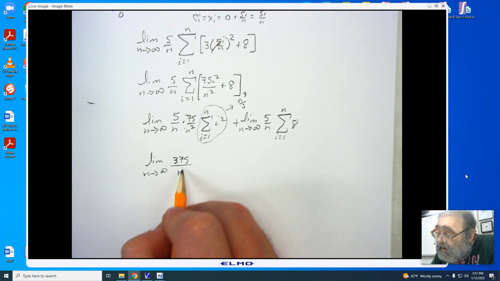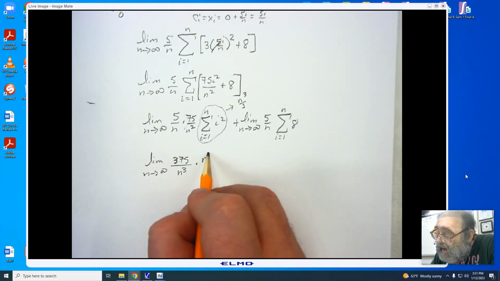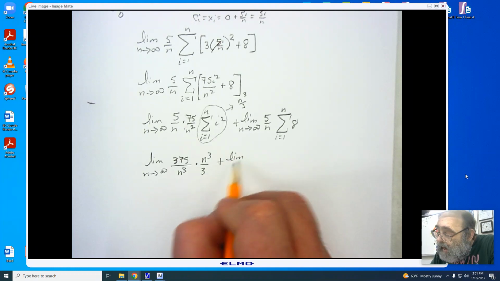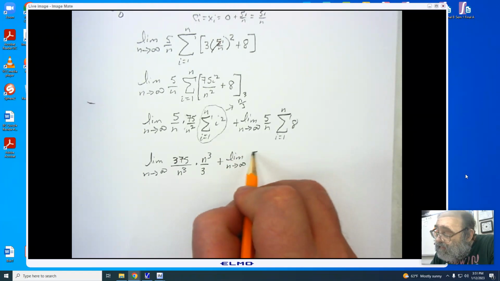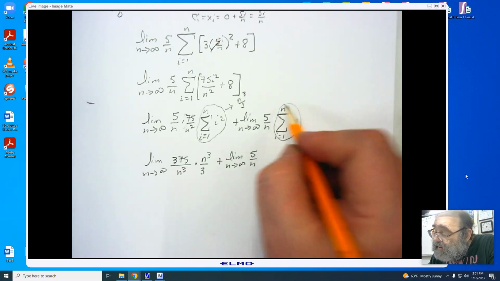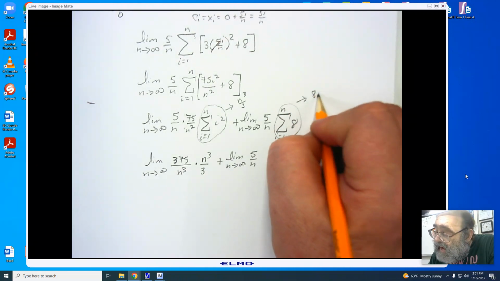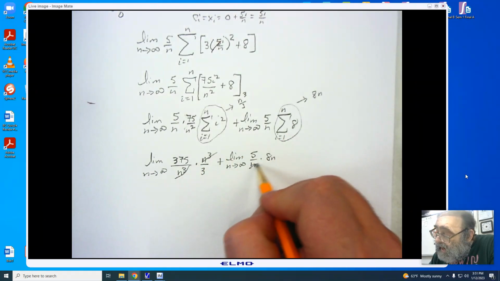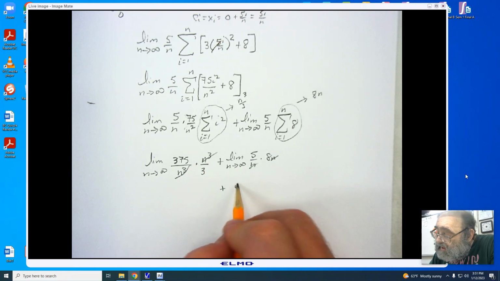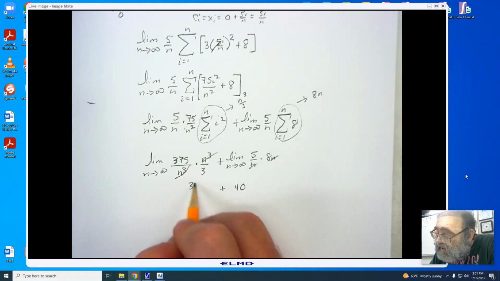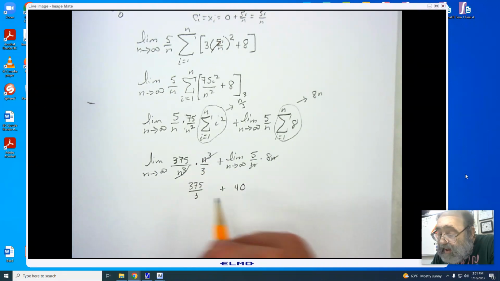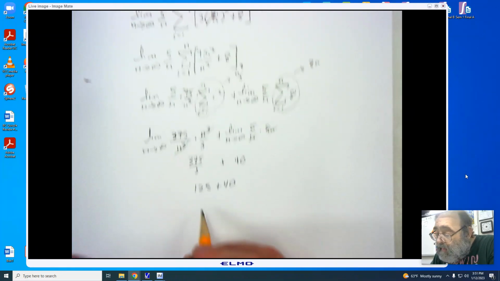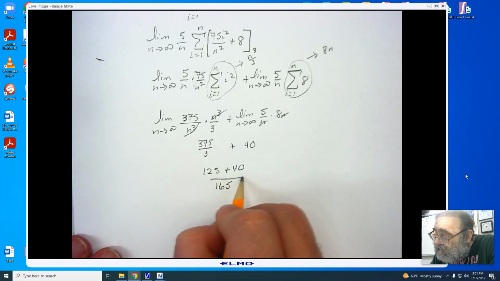This is divided by n cubed, multiplied by n cubed divided by 3, plus the limit as n approaches infinity of 5 over n, and this is going to be replaced with 8n. N cubes cancel, n reduces. This piece back here is 40. This is 375 divided by 3, and that is 125 plus 40, and my answer is 165.